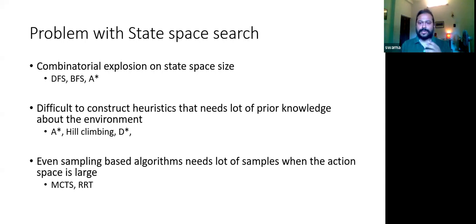Based on that, we can use some measure or some heuristics to explore a certain part of the tree or state space to guide the search. But even to come up with a good measure or a good exploitation strategy, we need a very large number of samples drawn from the environment.